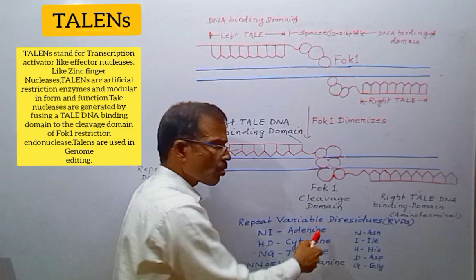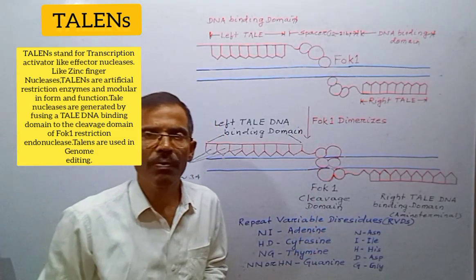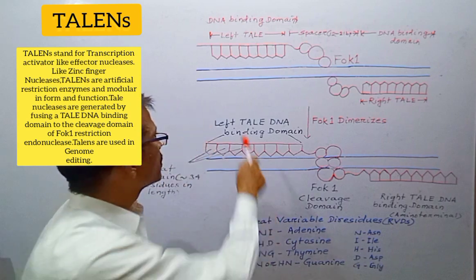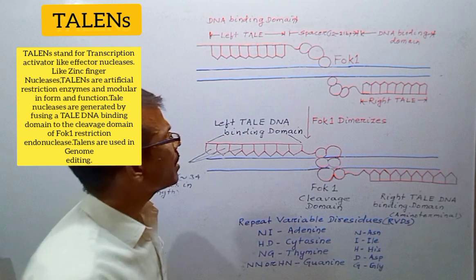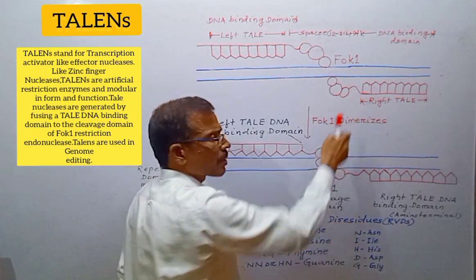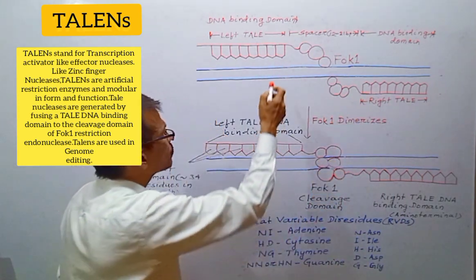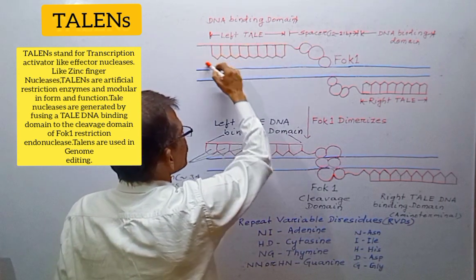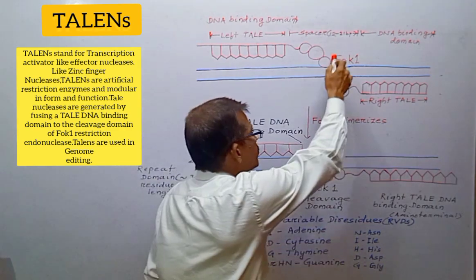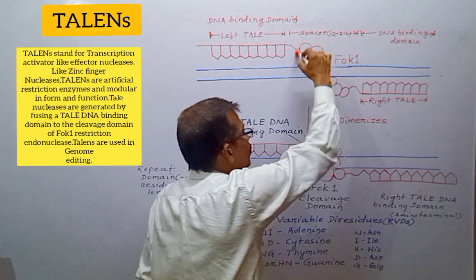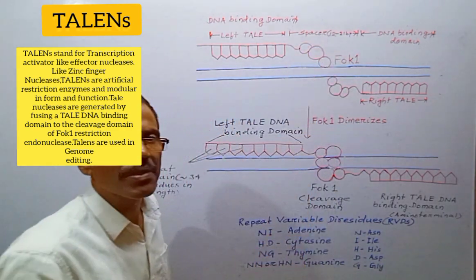This figure shows the dimerization of TALENs. This is a molecule of double-stranded DNA. Here there are two monomers of TALENs. Each monomer consists of a TAL DNA binding domain and a cleavage domain of FokI restriction endonuclease.